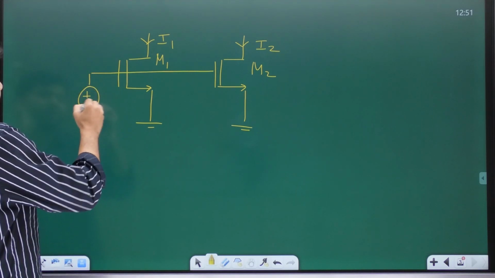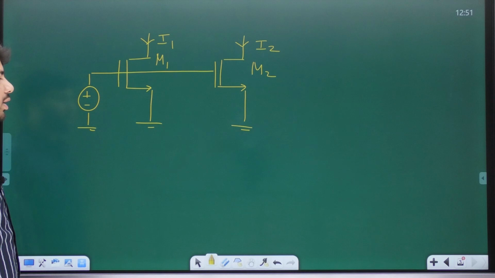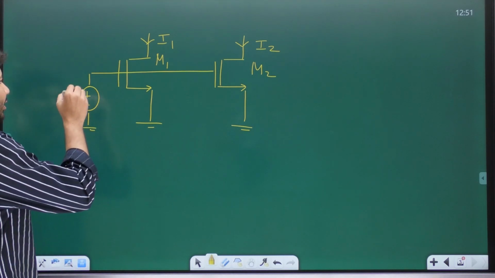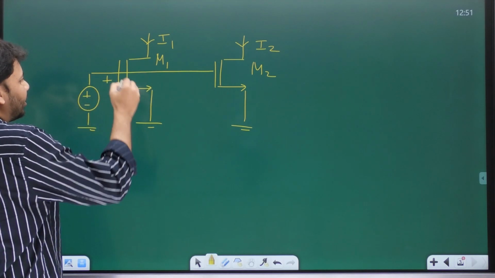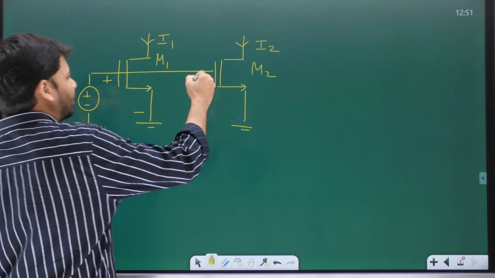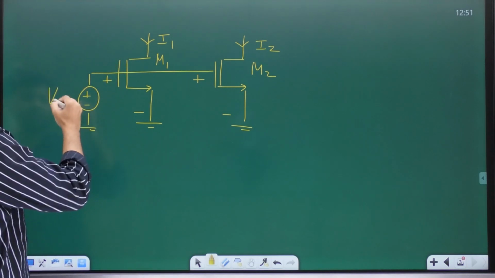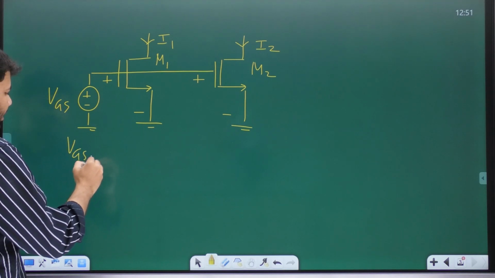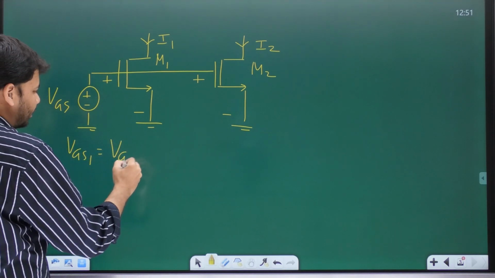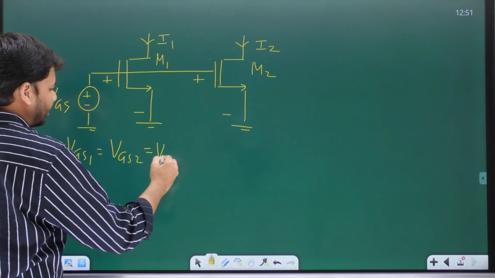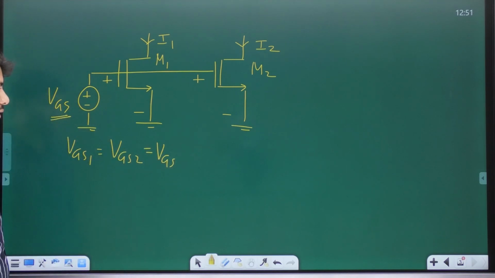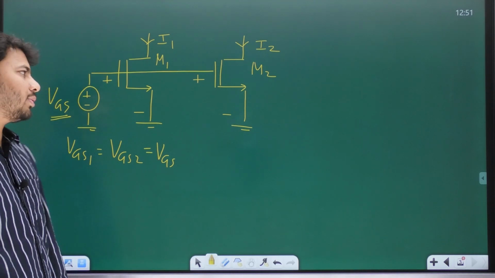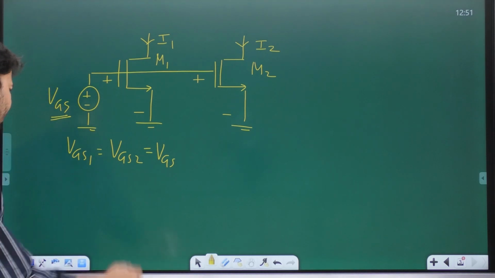And between gate and ground, let me connect a voltage source. Can I call this voltage source VGS? Because the value of this voltage source is nothing but the voltage drop between gate and source for both the transistors. So let this be VGS. So here the point is VGS1 is equal to VGS2 is equal to the value of this voltage source, which is VGS. And let me also say that for both M1 and M2, the threshold voltage is the same, okay?